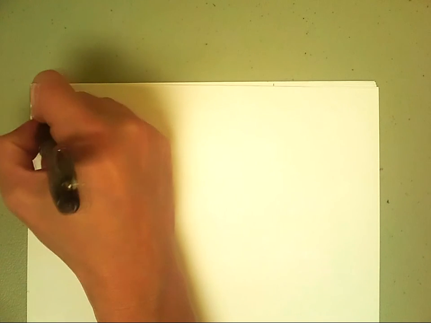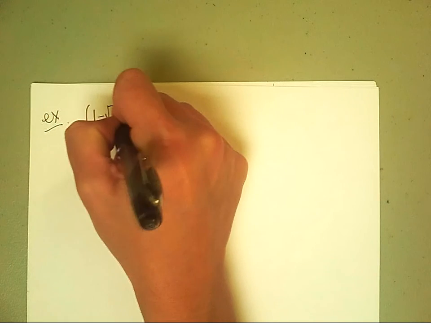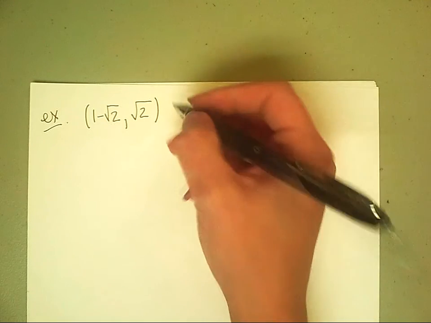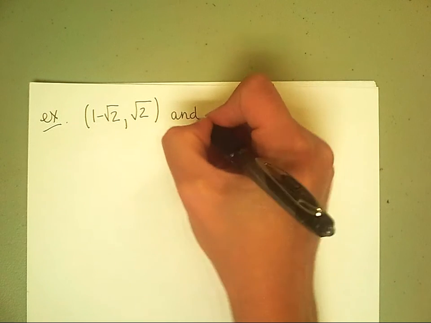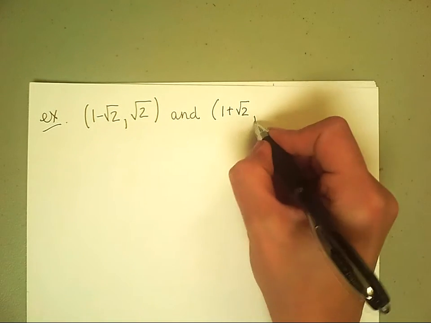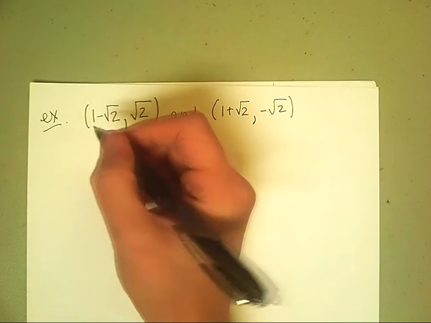Okay, we have one last one to do. It involves irrational numbers again. So now we're trying to find the midpoint of 1 minus the square root of 2, and the square root of 2. That's also irrational, that's okay. And 1 plus the square root of 2 and negative square root of 2.